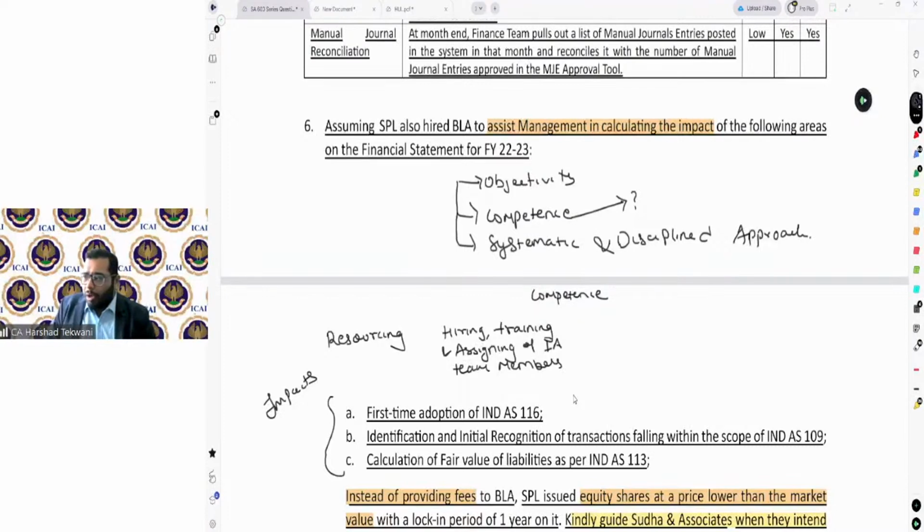So you can say adequate technical training plus proficiency or expertise in auditing. That is the bare minimum that is required.